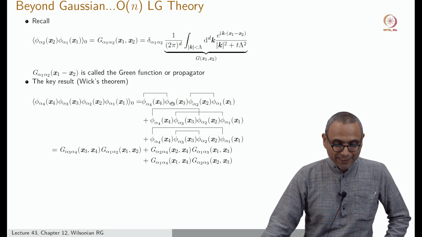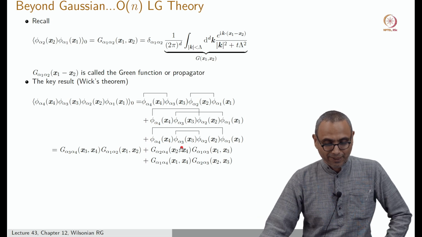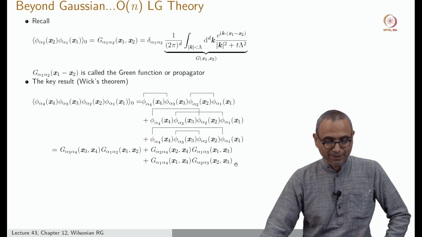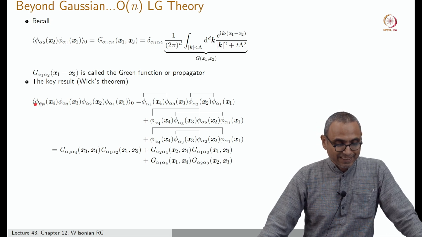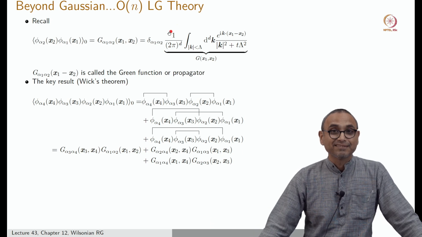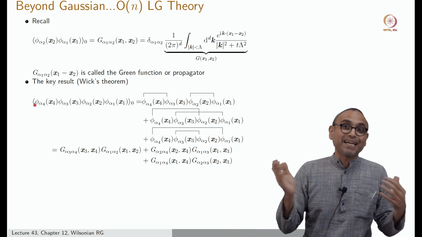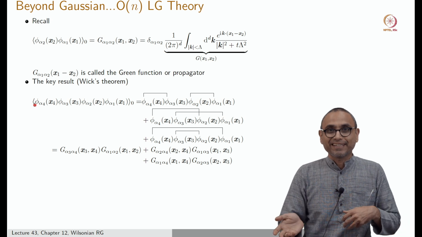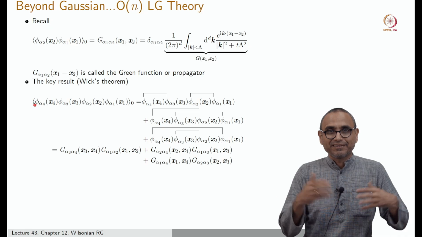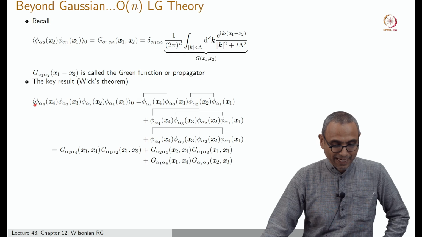And whenever you see this contraction, you replace it by this G, and when you see this contraction, you replace it by that G. For the next set of different combination of contractions, you do the contractions and replace them by the appropriate values. And therefore, this expectation value can be explicitly calculated. Everything about this is known because we know this function. So the idea is that we can calculate any correlator of the Gaussian theory using Wick's theorem by doing all the different contractions and adding them. Okay, so that is the message.